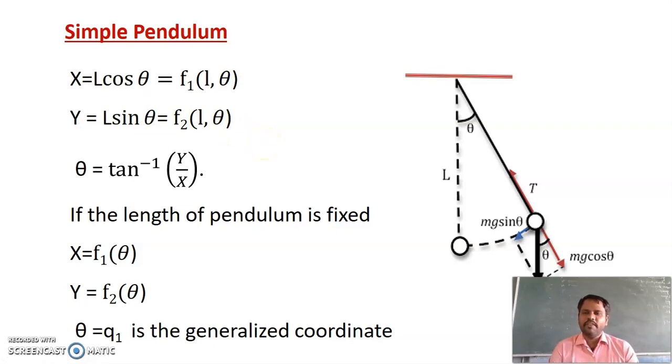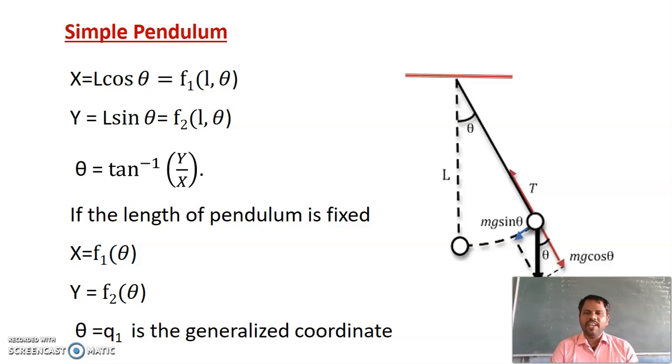The relationship between Cartesian and plane polar coordinates is theta equal to tan inverse of y by x. In the plane polar coordinate system, L and theta are sufficient to describe the motion of a simple pendulum.